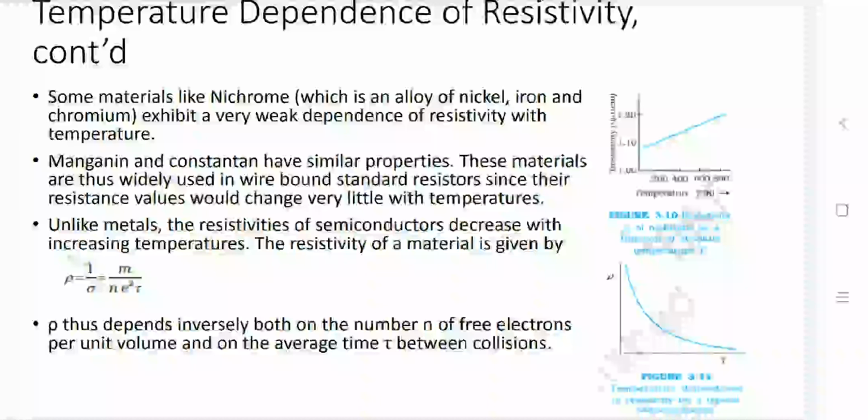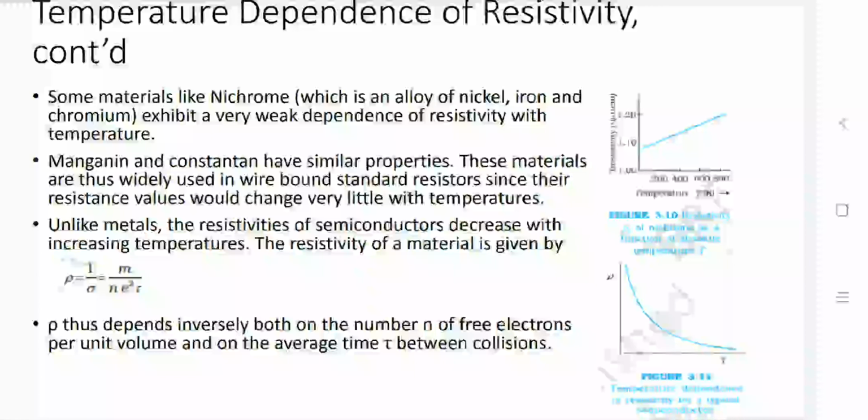Now with the third graph, we are focusing on the semiconductor material. As the temperature increases, resistivity reduces, with a parabola graph. Here we can say that resistivity is 1 upon conductivity.